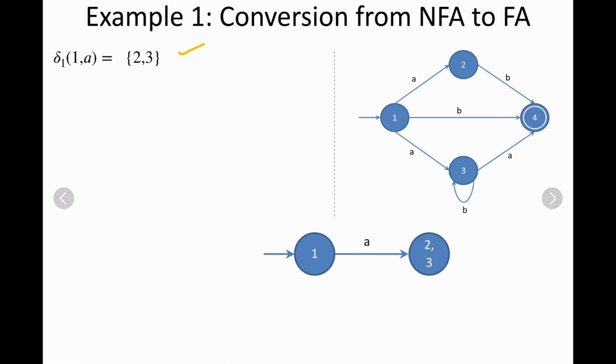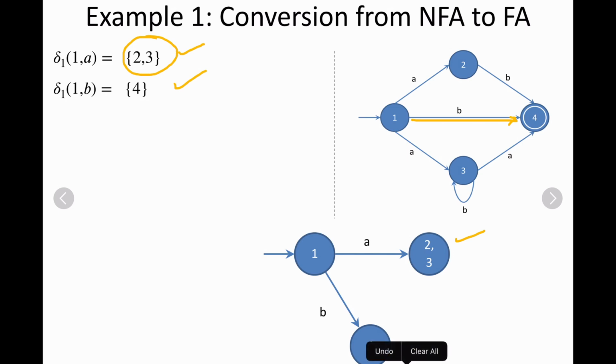And delta of 1 on B goes to 4, so create one more state. Defining the transitions of the NFA on 1 with A and B, you get 2 more states. These sets of states become single states in the DFA.